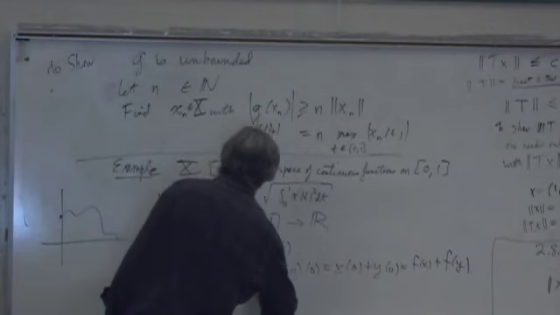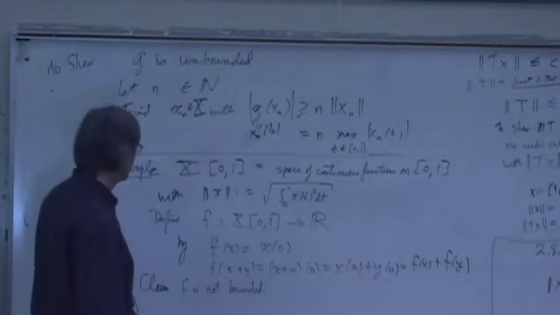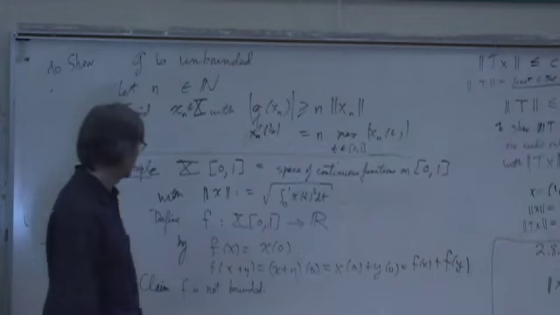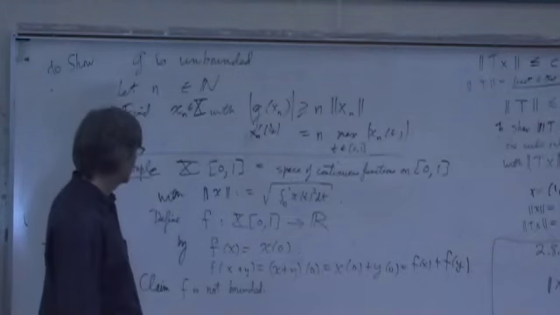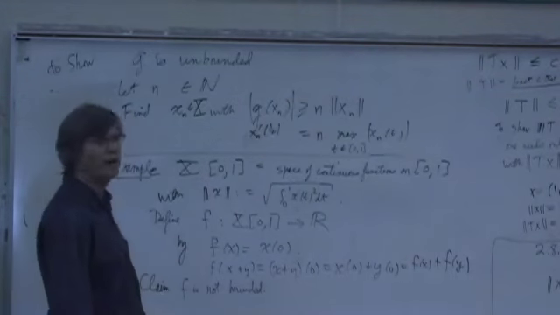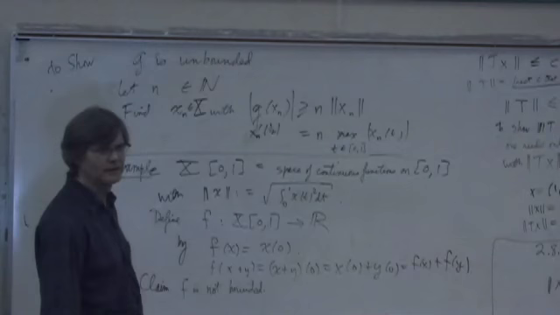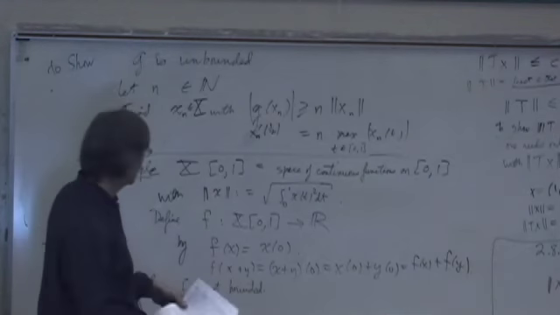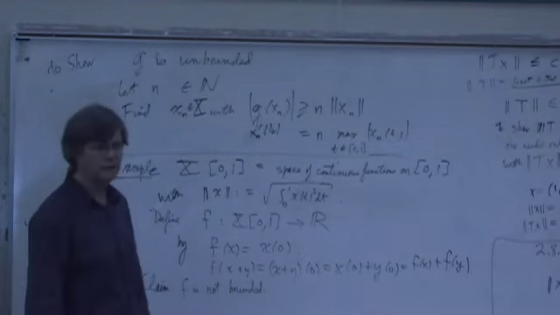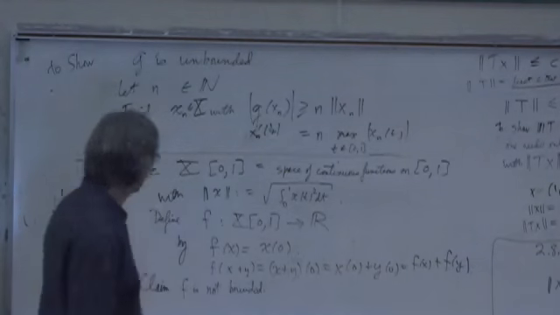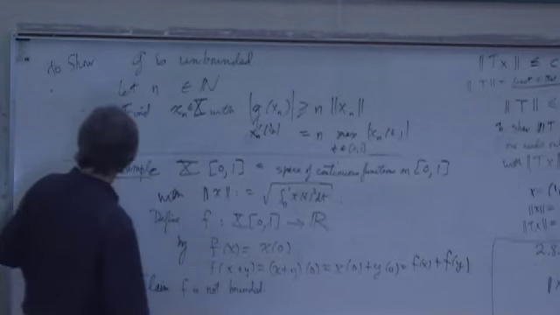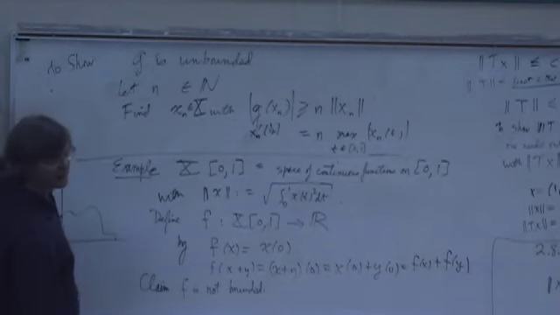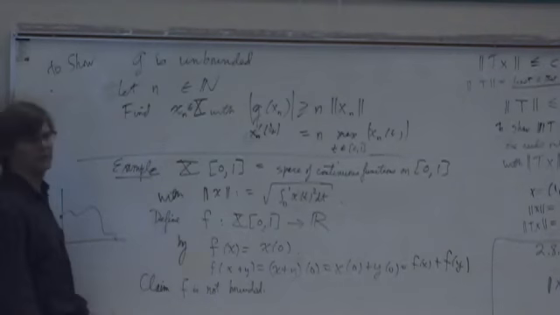So what am I going to do? I'm going to see what the norm is. The norm is the square root of the area of the square of the function. So you take the square of the function, you take the area under the curve, then you take the square root of that. Well, what I need is, let's say I make this left-hand endpoint go to infinity, but I keep the area constant.